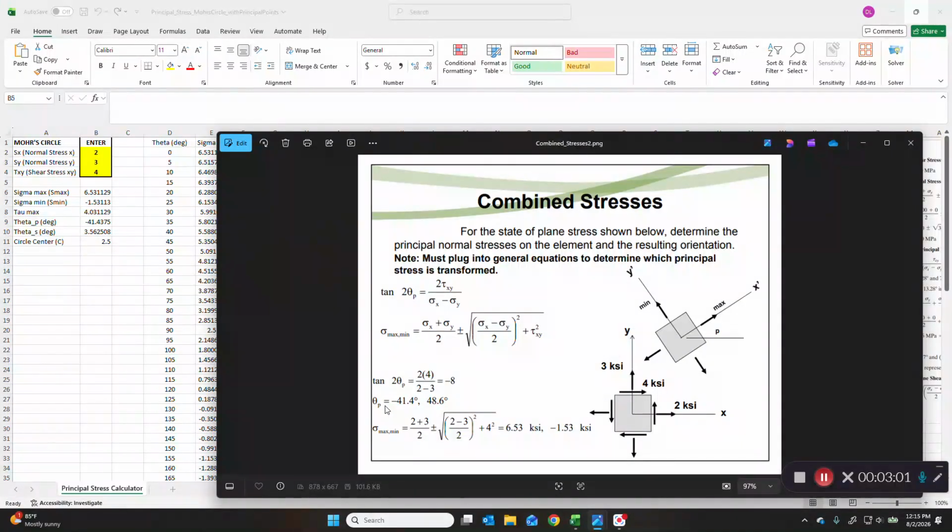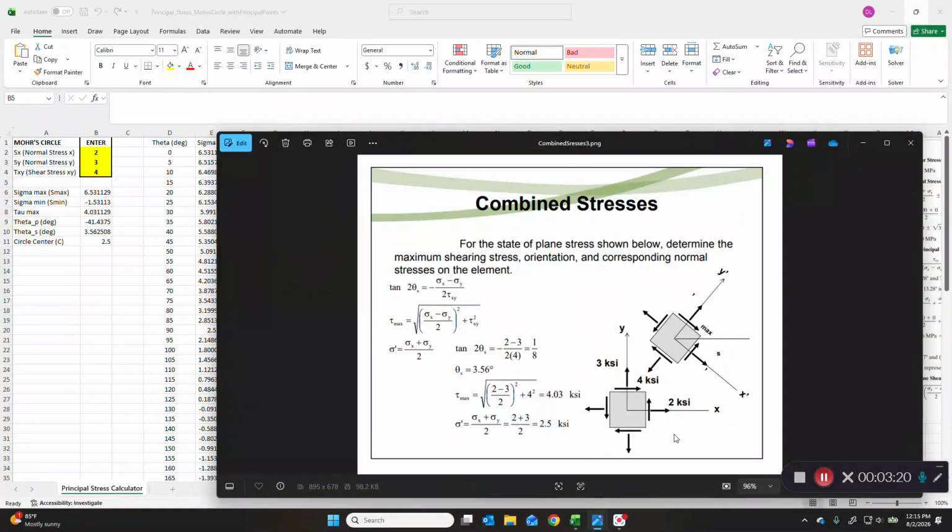If we add 90 degrees to that, let's see if we can look that on the calculator, 41.4 plus 90, that'll get us to 48.6. So that's the other theta p solution. So we want to note this, okay? And then we want to go to the next slide, which will give us the shear stress orientation.